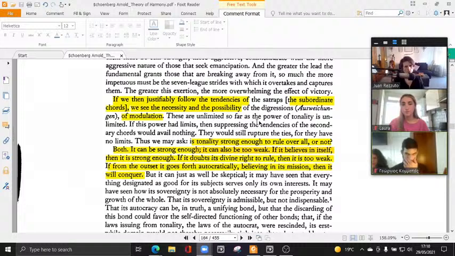Both, he says. It can be strong enough, it can also be weak. If it believes in itself, then it's strong enough. If it doubts its divine right to rule, like Charles I, then it's too weak. From the outset, it goes from autocratically believing it's its mission, then it will conquer.